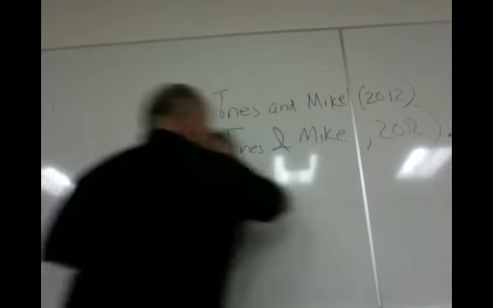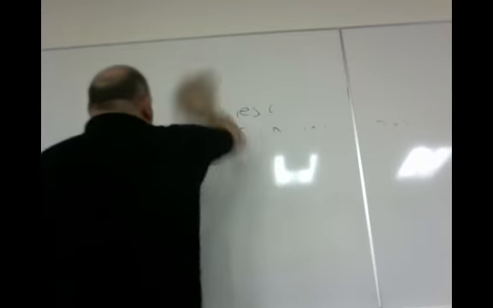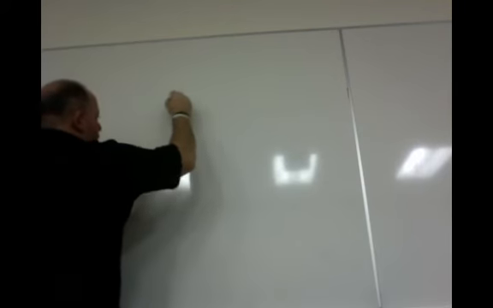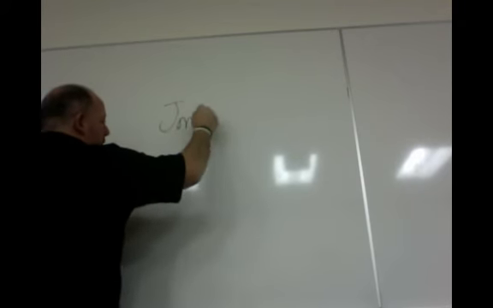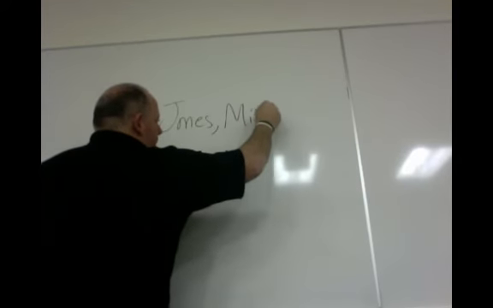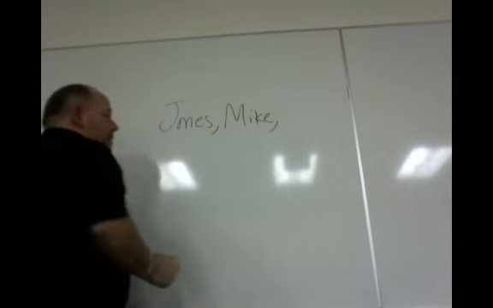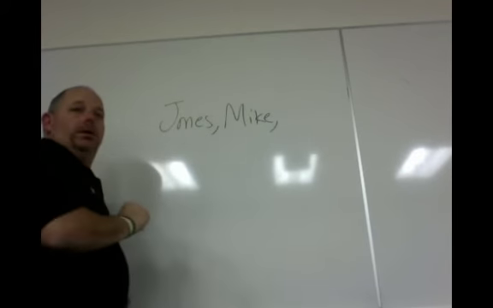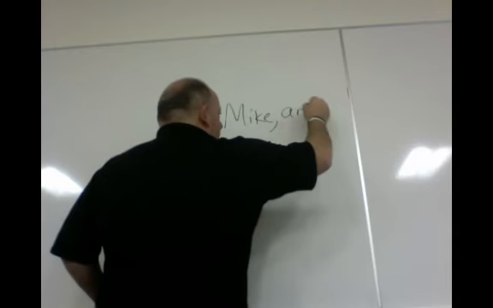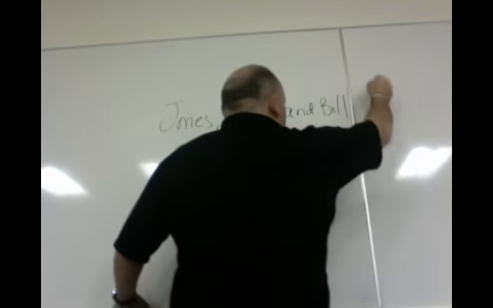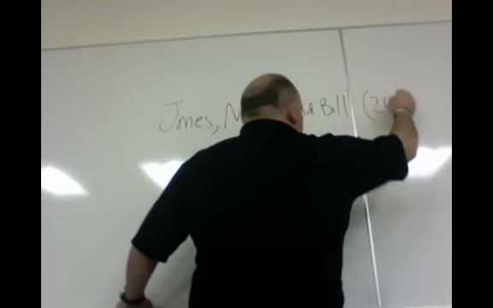Moving on to the third. You're adding a third name. That third name would be Jones, comma, Mike, comma. Now, at the beginning, what's the word that should be here? And. Bill, parentheses 2012.